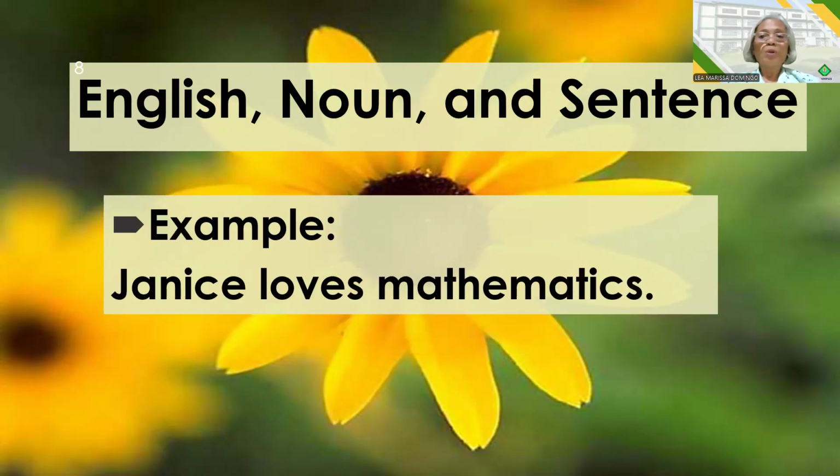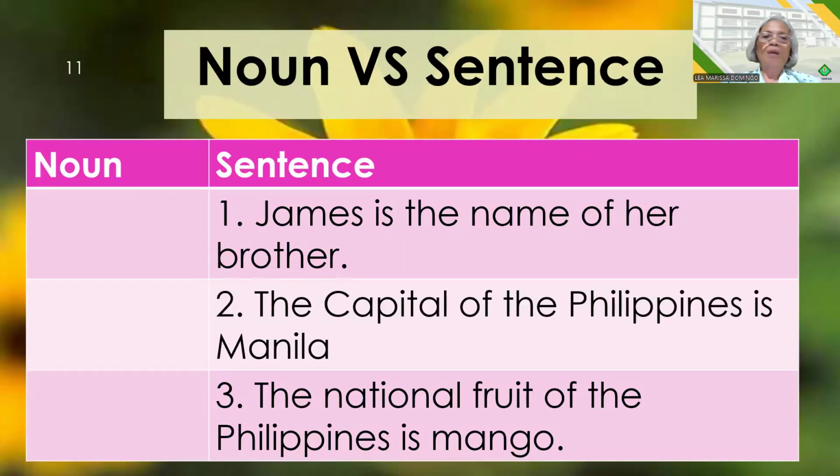So, for example, Janice loves mathematics is a complete thought, no? So, it is a sentence. So, we have the nouns, Janice and mathematics, and the verb loves. So, malinaw na si Janice ay mahal niya ang mathematics. No? Mahal ni Janice ang mathematics.